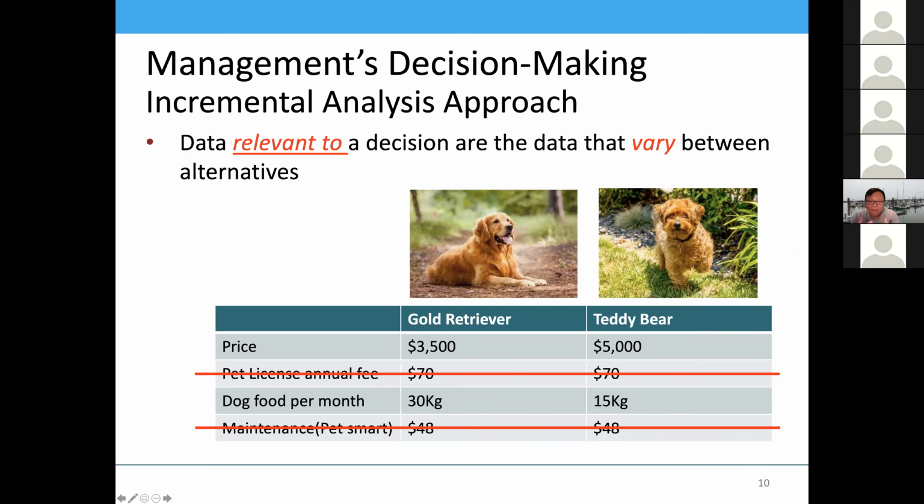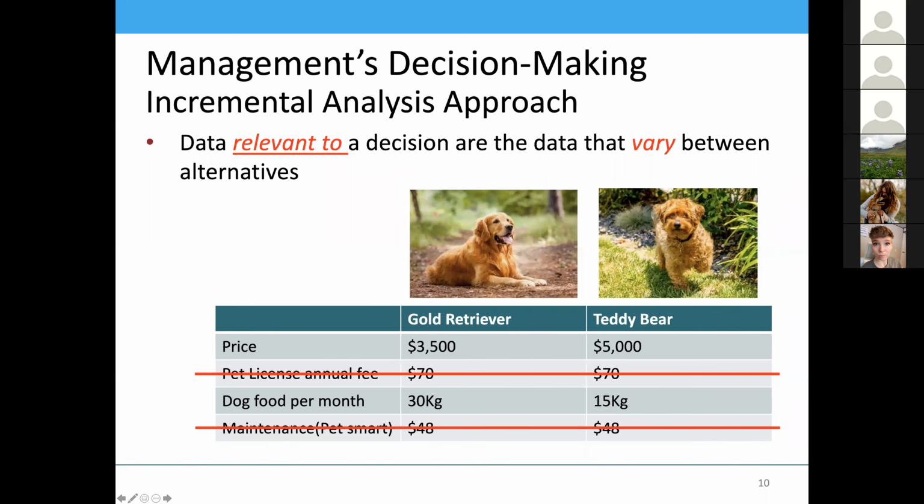What about some of the non-financial information? Maybe Karen, do you want to say? If you have space to take care of a big dog or a little dog. Yeah, very good. Isabella? Wouldn't your lifestyle be relevant, like if it's an active lifestyle and you're going out all the time or not? Yeah, very good. And Megan?